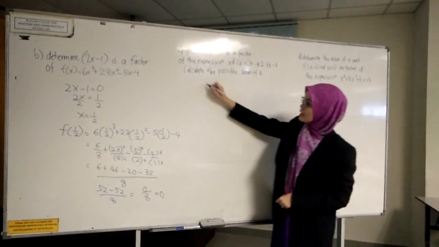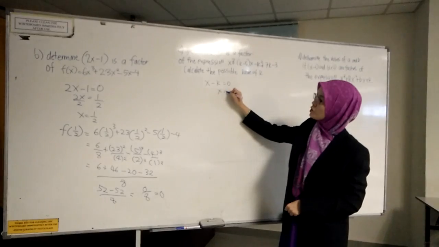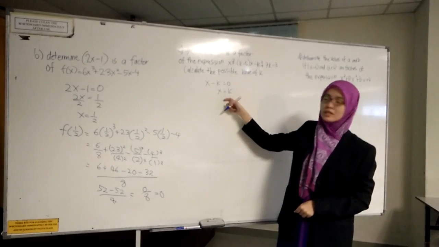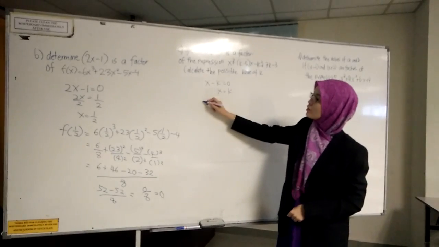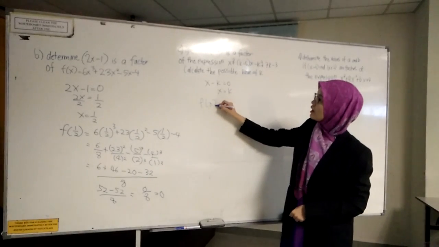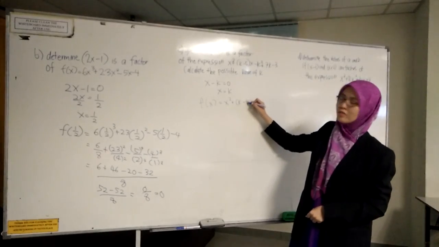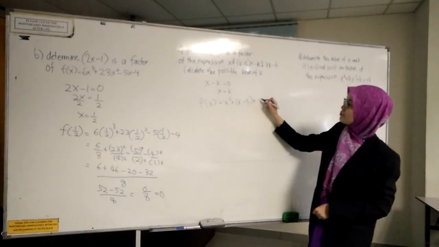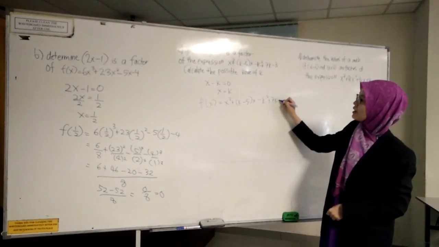So it means x minus k is equal to 0. So your x equals k, the value of your linear equation is k, which means you substitute inside this polynomial. Okay, this polynomial is x squared plus (k minus 5)x minus k squared plus 7k minus 3.